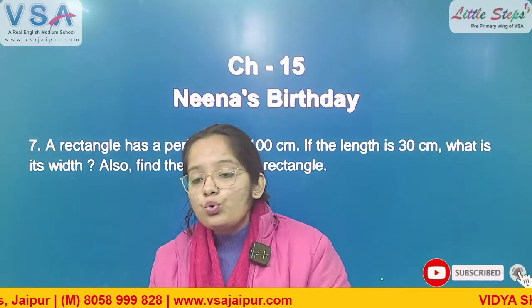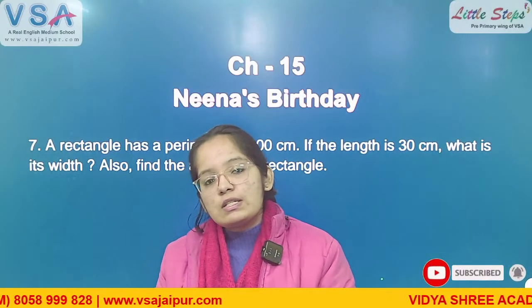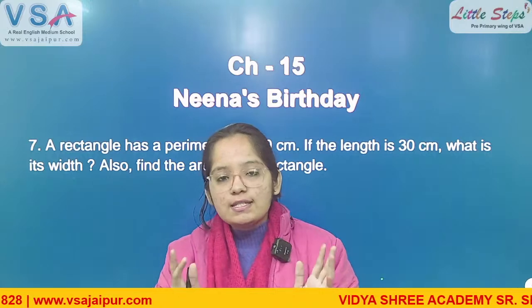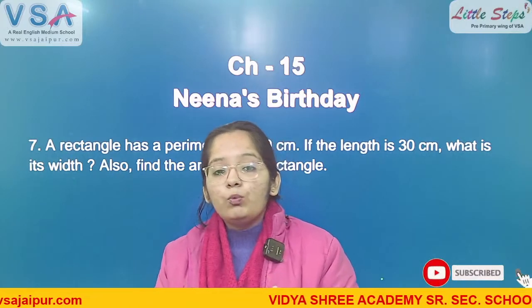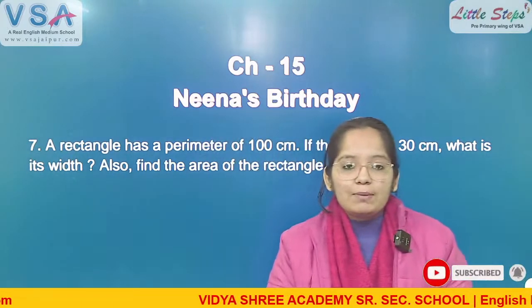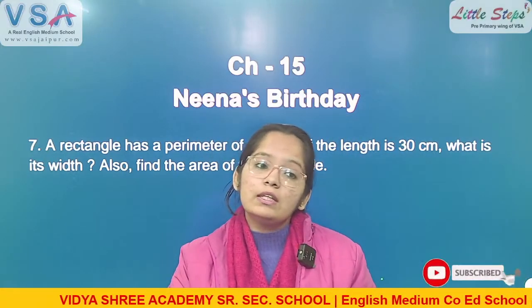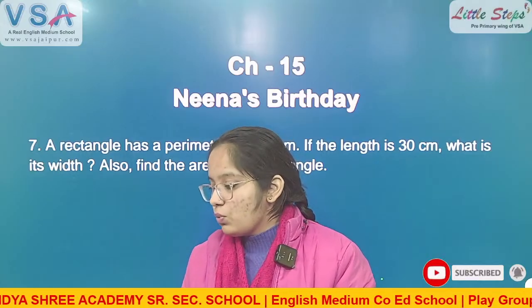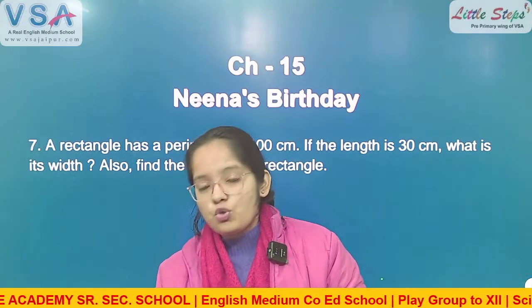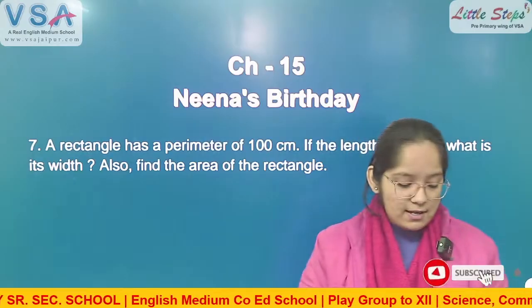For perimeter, we use units like meter or centimeter respectively. But when we are concluding the area of the shape, whether it is square, rectangle or any other shape, the units we use are meter square, centimeter square and so on. So shall we start?